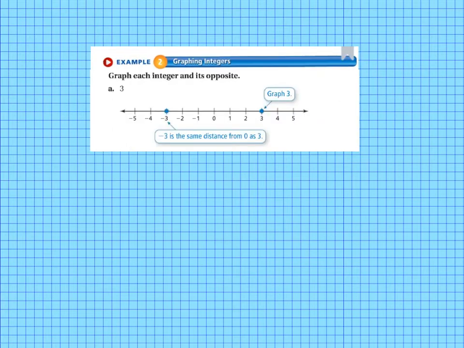Now we're going to start graphing integers. Example 2a, we're going to graph each integer and its opposite. So the integer we've been given to graph is 3. So we graph that on the right-hand side of the 0. And then the same distance away on the left-hand side is negative 3.